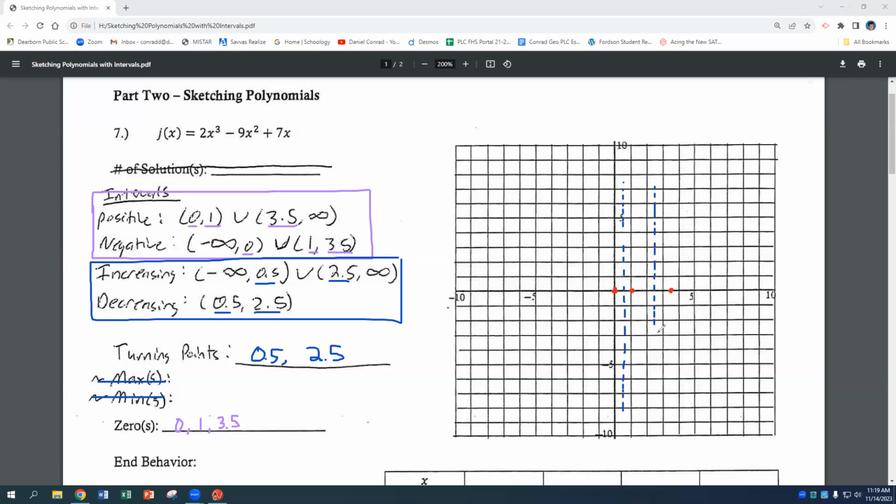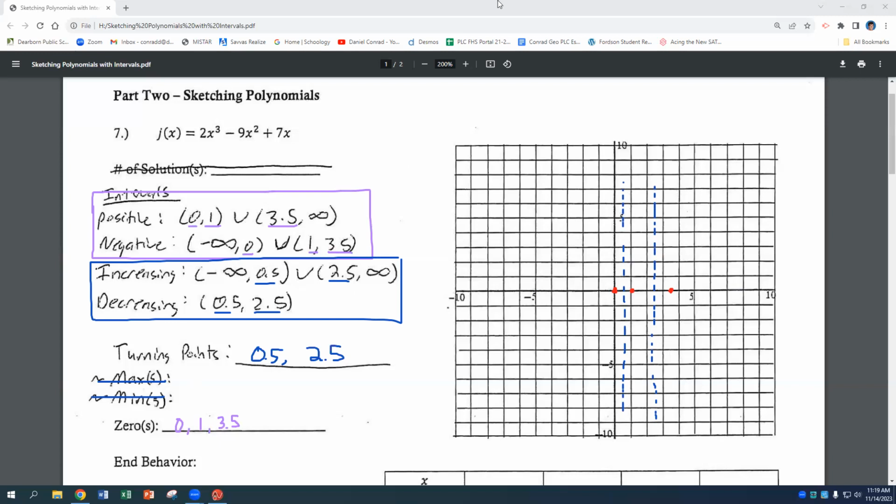So we could probably sketch this in pretty well here. We could find the maxes and mins if we wanted to be more precise, but we don't need to be so precise.